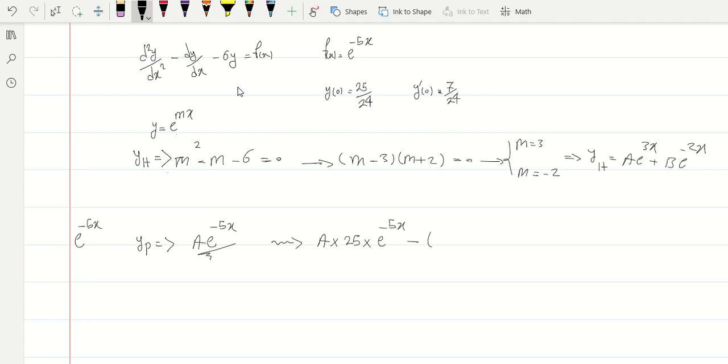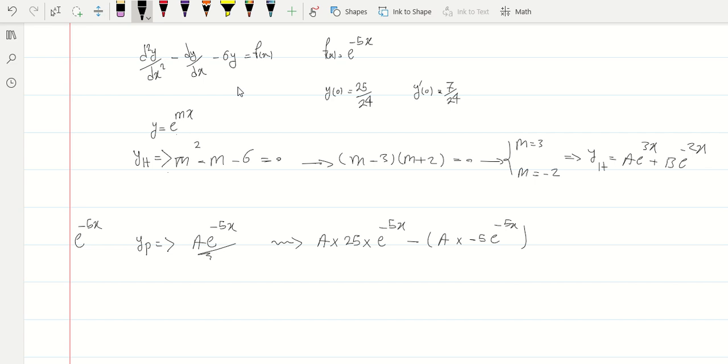It would be a times minus 5 e to the power of minus 5x. We did both of them based off the chain rule. Based off the chain rule, we first take the derivative of the power, which is minus 5x. What is the derivative of minus 5x? It is minus 5, and we bring it out in front.